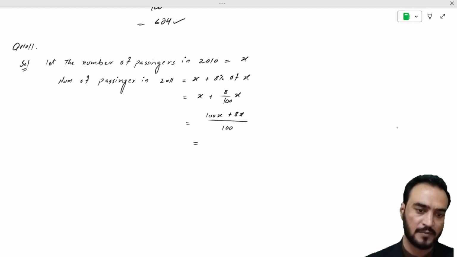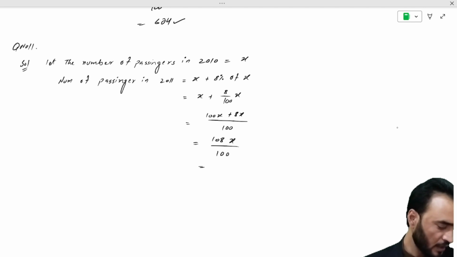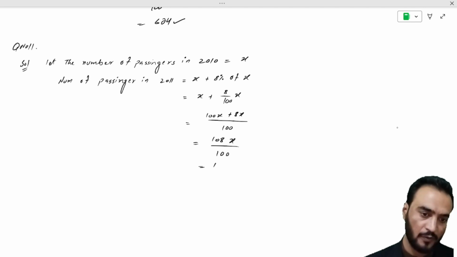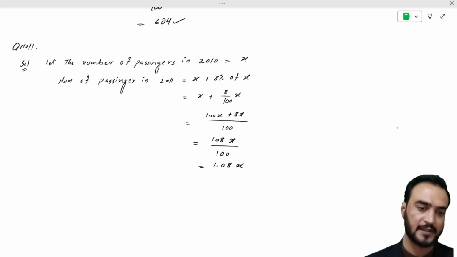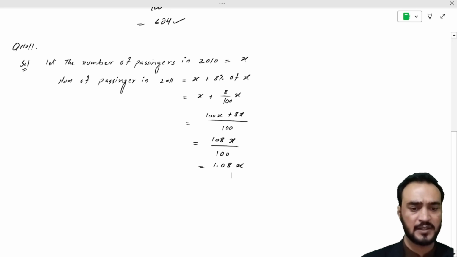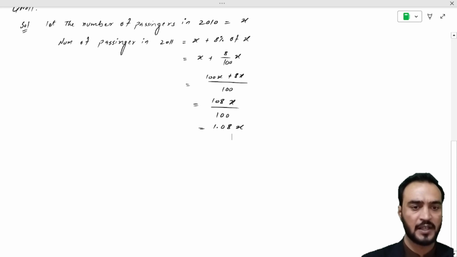So the value becomes 108x over 100. So dividing it, we get 1.08 times x. So this is the number of passengers in 2011.